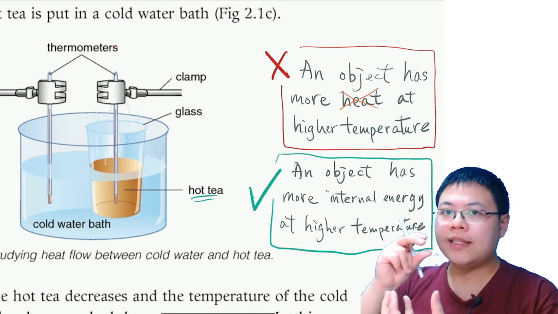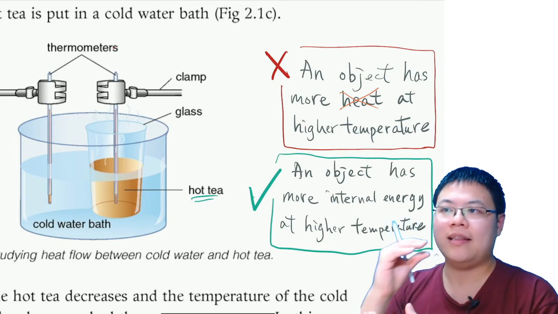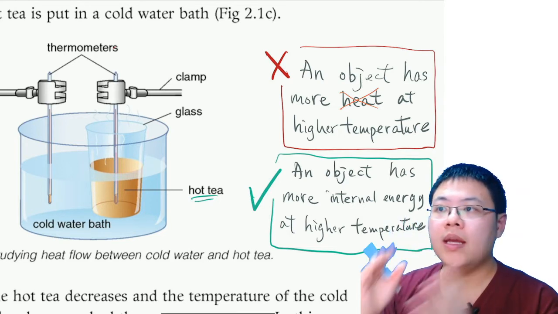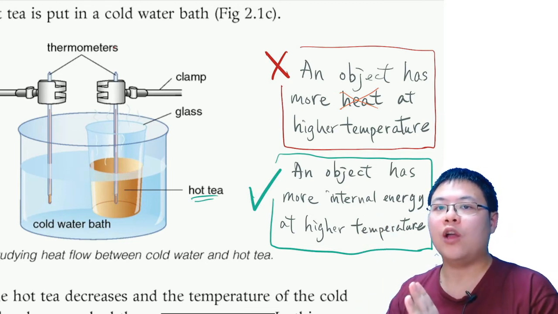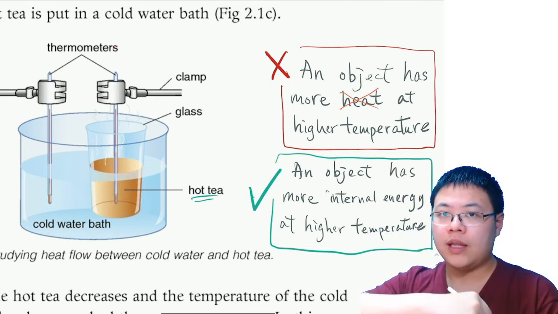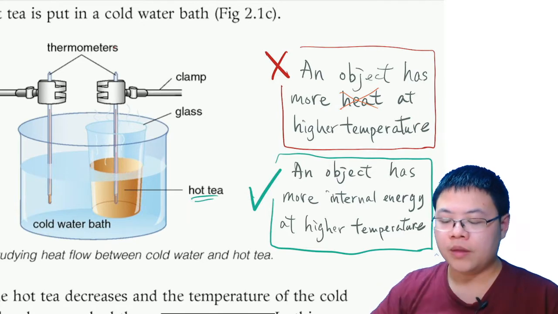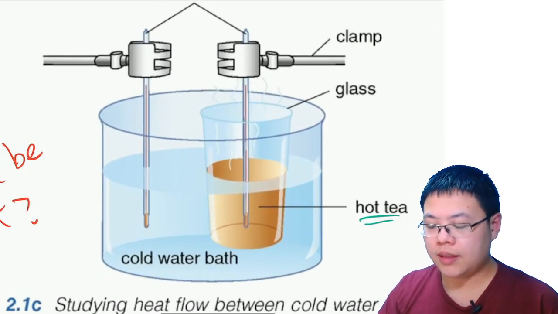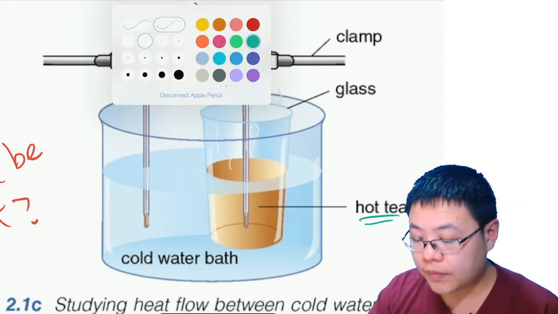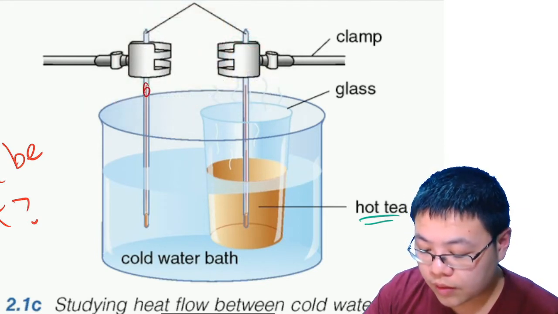In physics, when we use this particular term heat, it always refers to the flow of energy from one object to another. Okay? For example, in this experiment, I believe this is wrong.